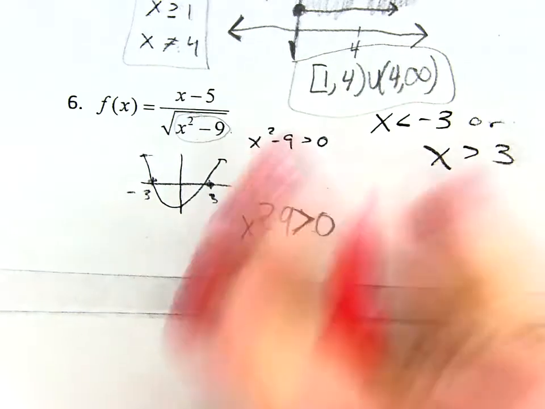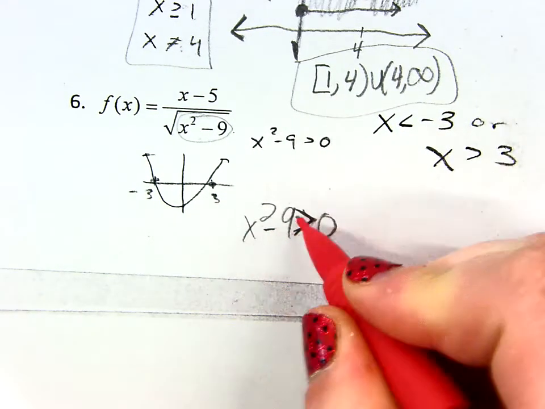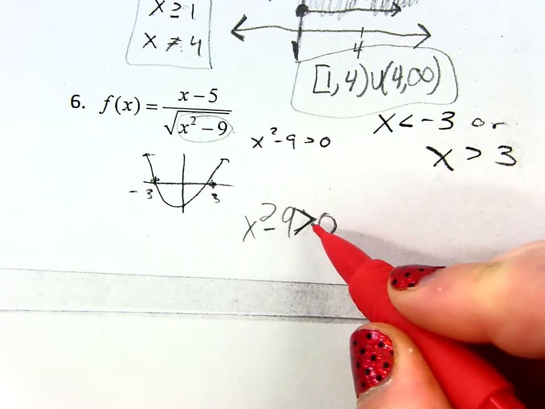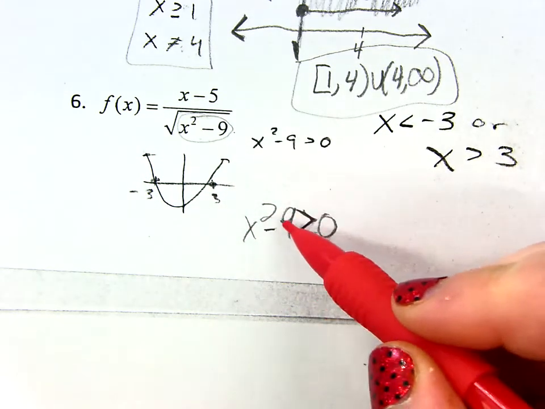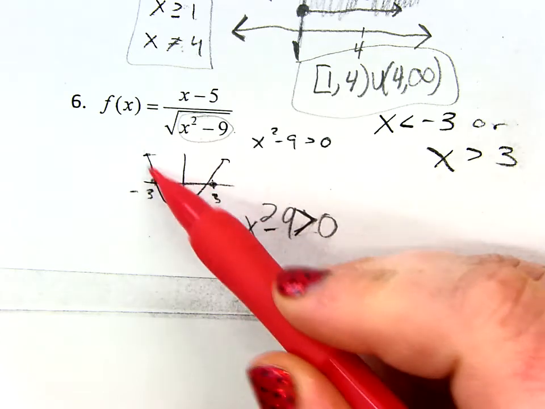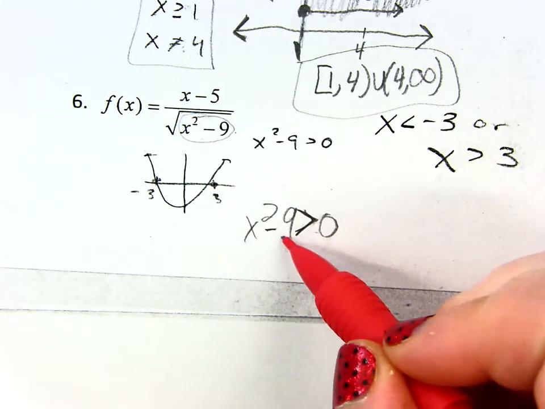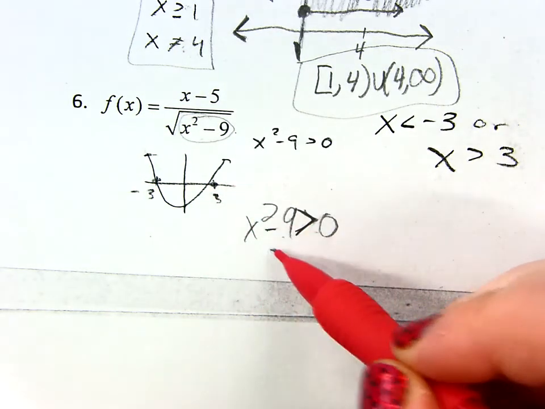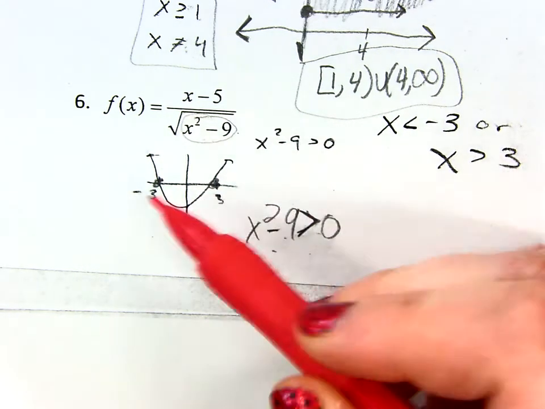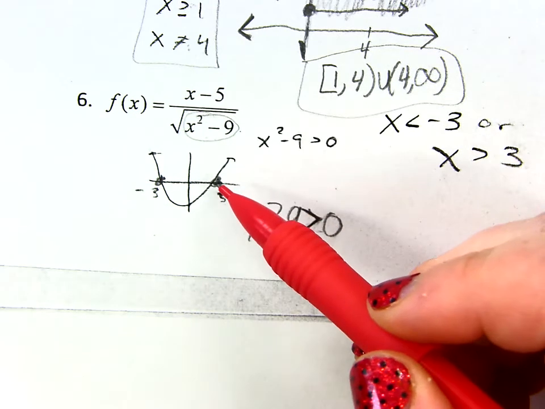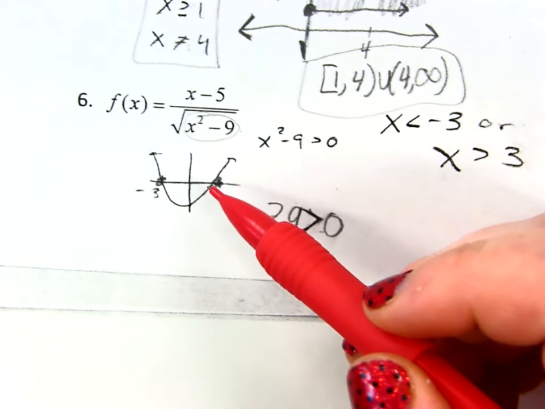All right. So now, with these quadratic ones, it really is easiest to just sketch a graph. X squared minus 9 is just a parabola dropped down 9 units. It's going to cross at 3 and negative 3, right? If you factored this and solved, I know I would hit here and here. So I need to look at this and ask myself, okay, this thing cannot be negative.